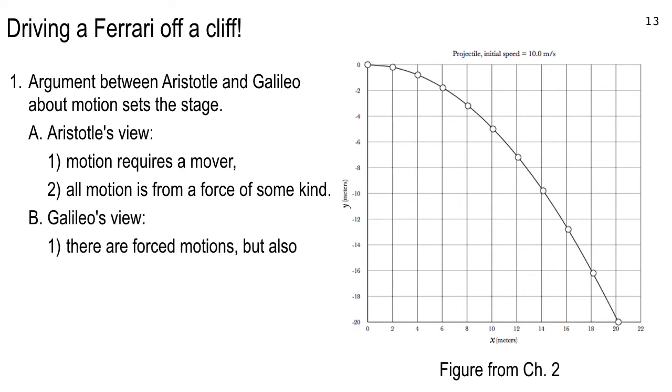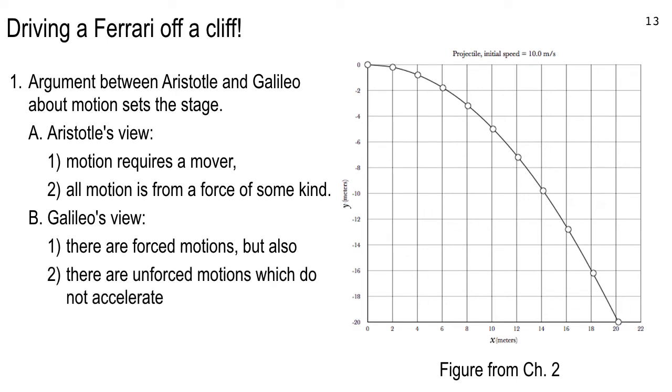Okay. He said, yes, there are forced motions in nature, and everybody knows that. A horse pulls a wagon back in Galileo's day. The wind propels a sailboat across the ocean. But he said there are unforced motions which do not accelerate.